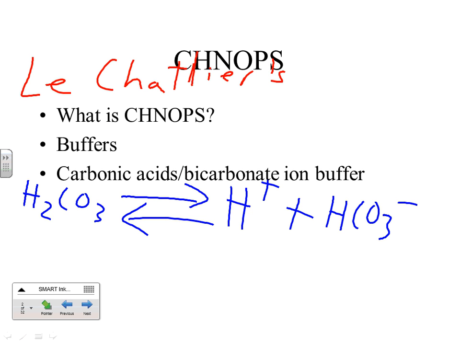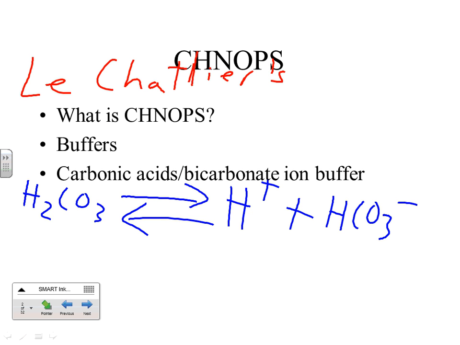H plus, okay? You might have put some carbonic acid in there. The thing about carbonic acid is it's giving off H plus, right? When you drink something acidic, maybe lemon juice, vinegar, Coke, whatever it might be, you're increasing this. Well, what does that do to the equilibrium? It messes it up.